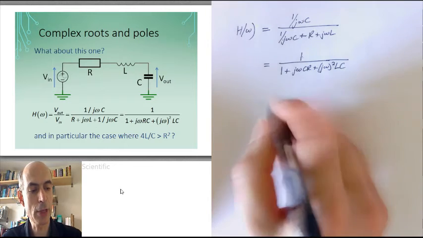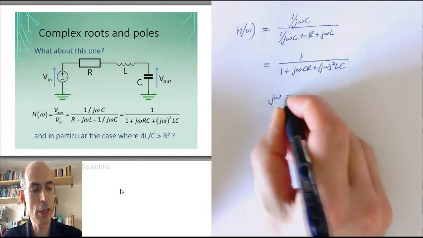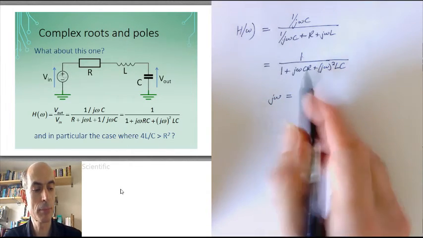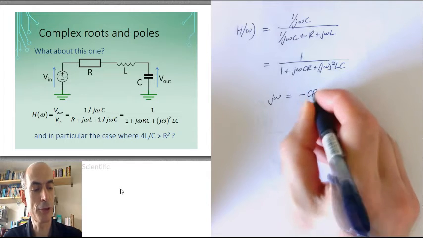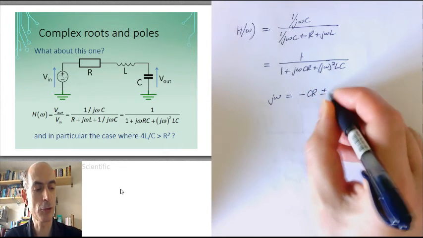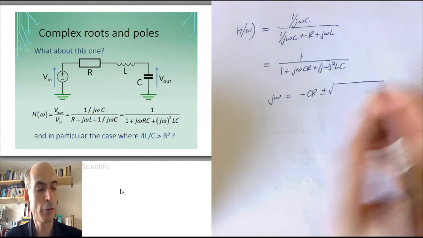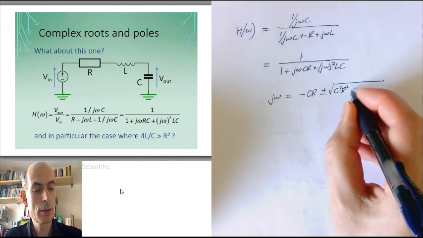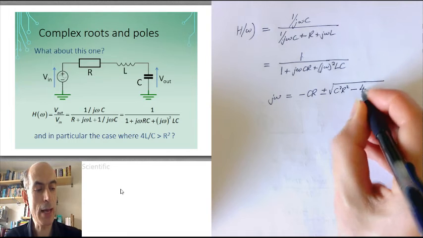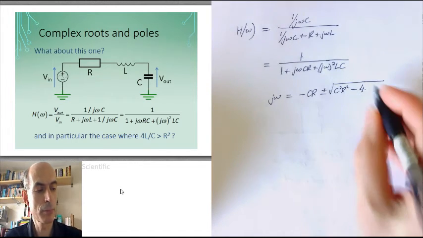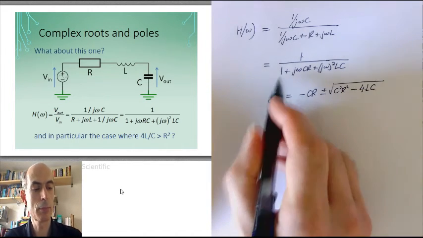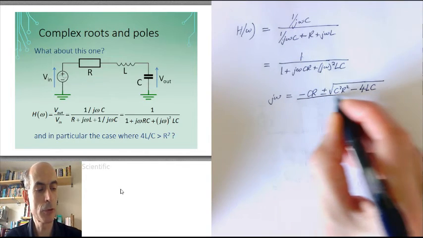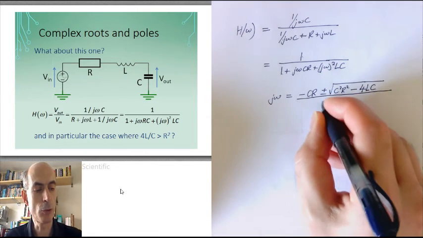In this case, that would just give us that j omega equals minus b, minus cr in this case, plus or minus the square root of b squared, c squared r squared, minus 4 times a, lc, times c, 1, all over 2a, 2lc.